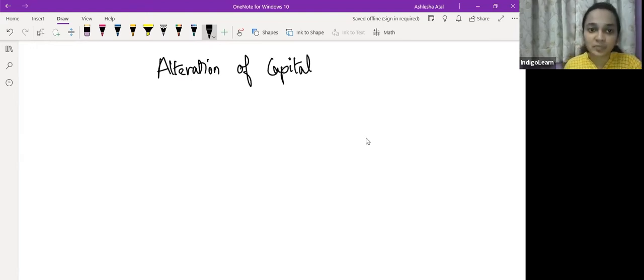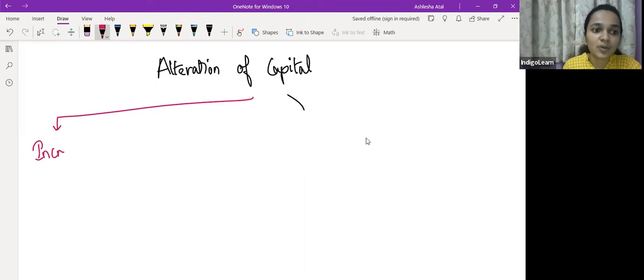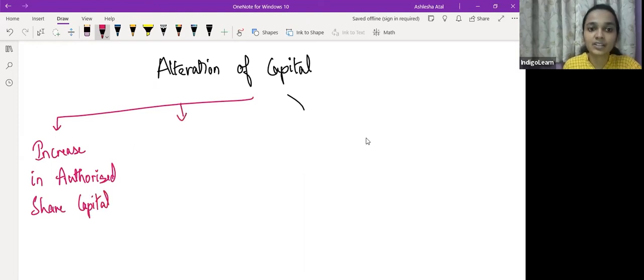Alteration of share capital. Now, when we talk of alteration of capital, there are different ways as to how alteration of capital happens. सबसे पहला है increase in authorized share capital. The second is consolidation. Then there's something called subdivision.